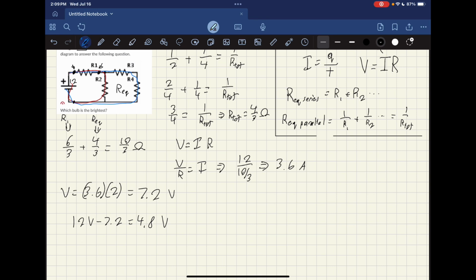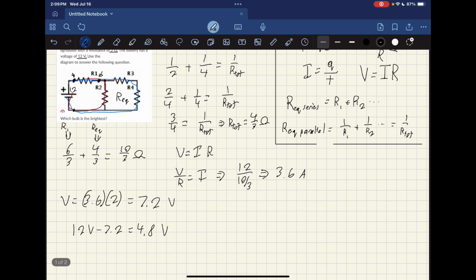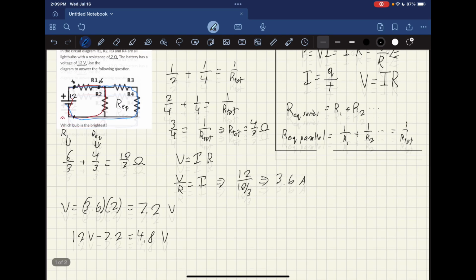And then these volts are going to distribute evenly between the two branches that go R2 and R3 and R4. So we're going to have some to R2 and some to R3 and R4. The way that I'm going to go over this is I'm going to find the current through R2 and through R3 and R4.